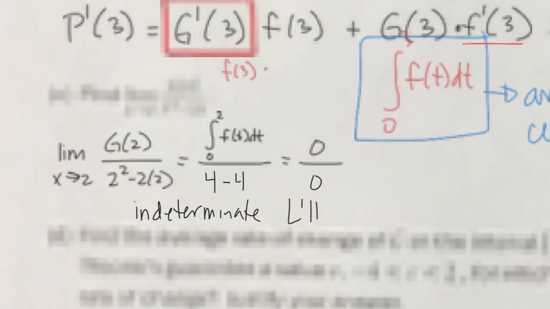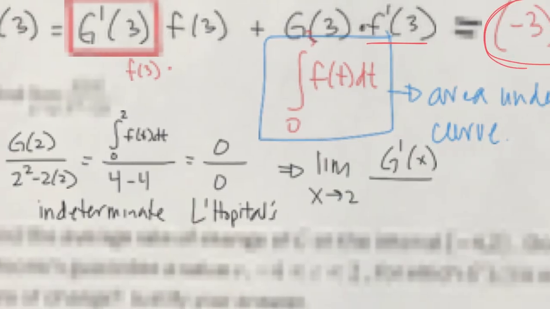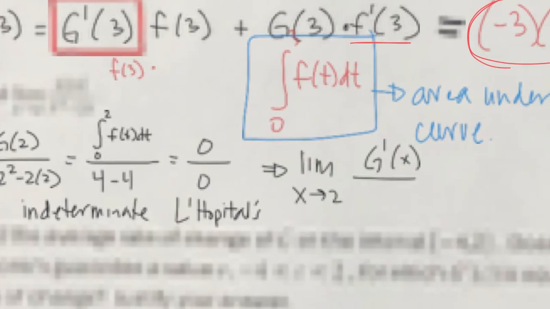So maybe you remember, this is the indeterminate form of our limits, indeterminate. So we can apply L'Hopital's rule and take the derivatives. So this becomes the limit as x approaches 2 of the derivative of g, which is g prime. Right? If it's a letter, then the derivative is the letter. And what's the derivative of x squared minus 2x?